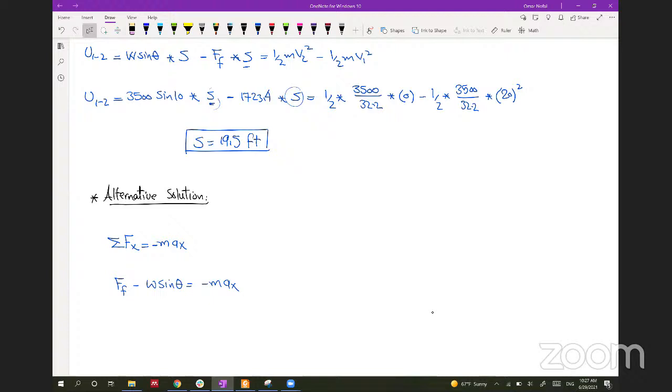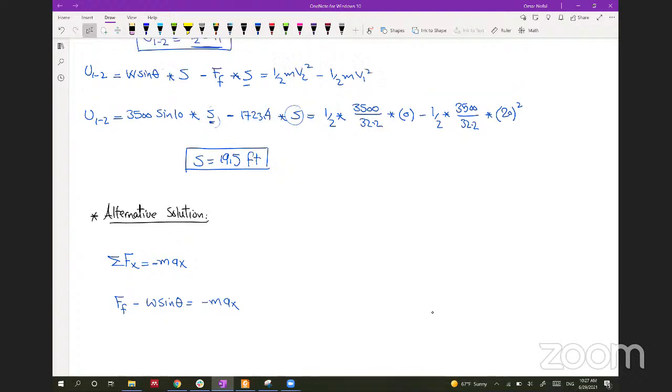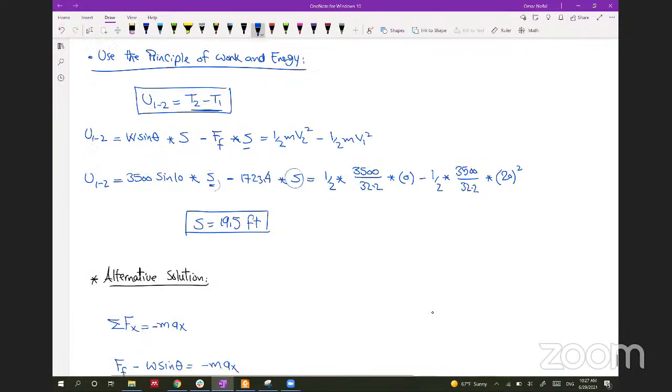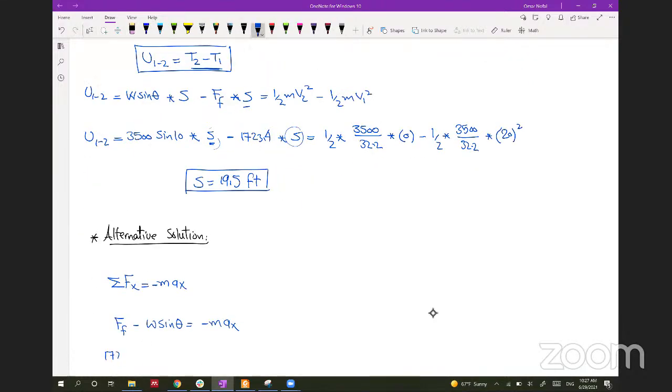So we got the F of friction from the previous step, and it was equal to 1723.4 minus W, which is 3500 sine 10, will be equal to negative m, which will be 3500 over 32.2, because you have to be careful, this is weight and we need mass, multiplied by Ax.